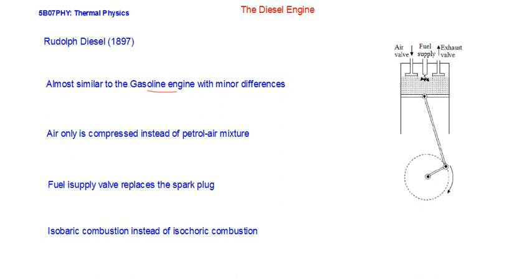But here, as you can see from the figure, there are two major differences. One is that in place of the inlet valve, here we have named it as an air valve. Actually, this is an inlet valve itself, but it is specifically named as an air valve. You will understand because while in a gasoline engine we are compressing a mixture of petrol with air inside the combustion chamber, in the case of a diesel engine, we let only air be compressed.